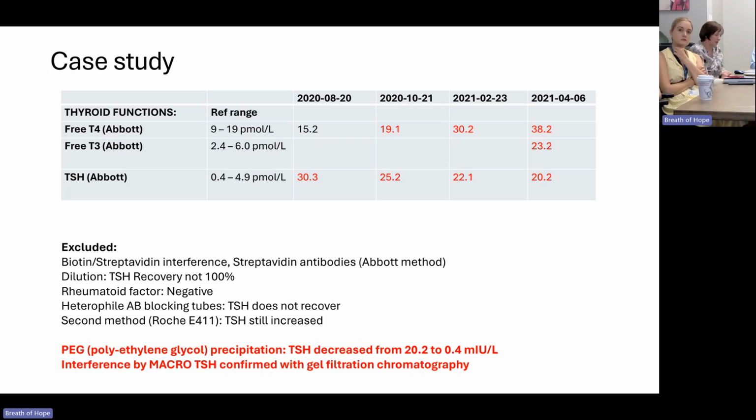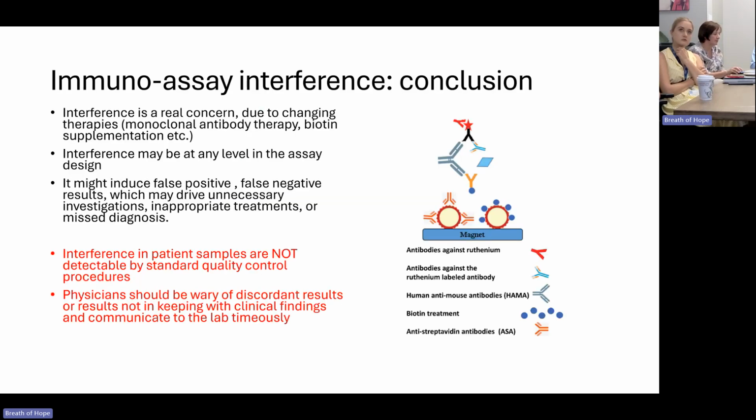With the second method on the Roche, the TSH remained increased, and only with polyethylene glycol precipitation did we see that the TSH decreased to normal values, from 20.2 to 0.4. And the interference by macro TSH was confirmed with gel filtration chromatography. So that was the answer in this case.